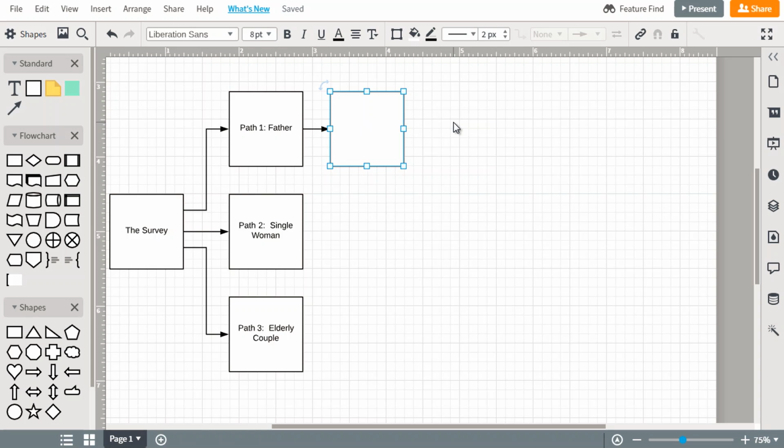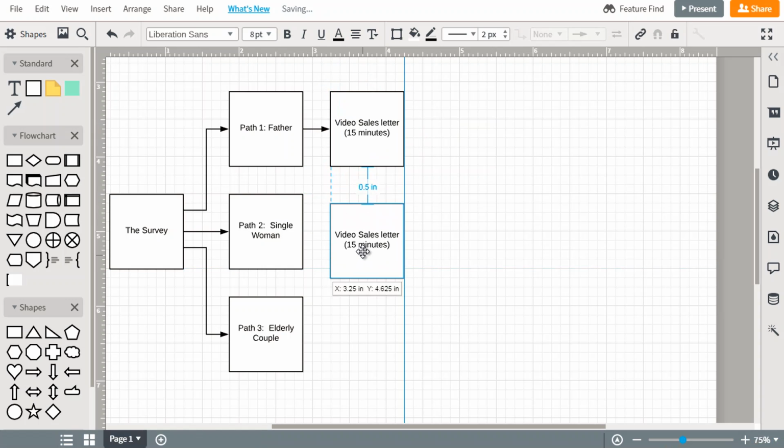So perhaps what we find out during the process of gathering data is that the father barely has any time. So we create a video sales letter and we minimize it down to 15 minutes or even 10 minutes. And perhaps we find the same thing for the single woman or the married woman who's really busy.